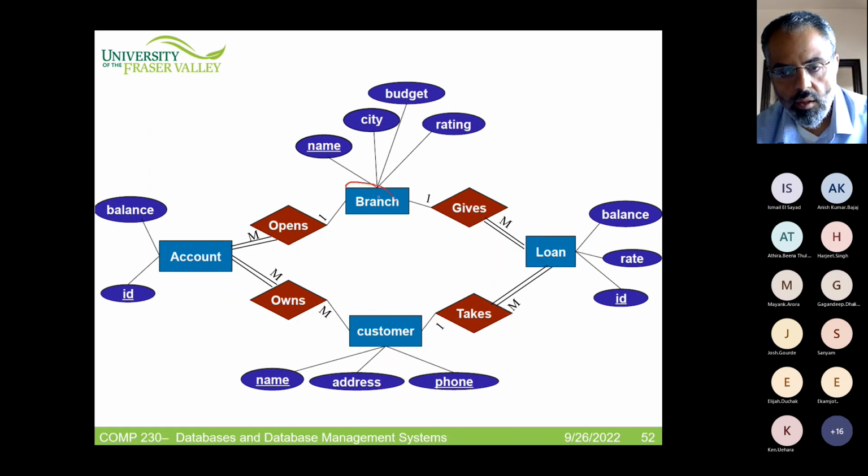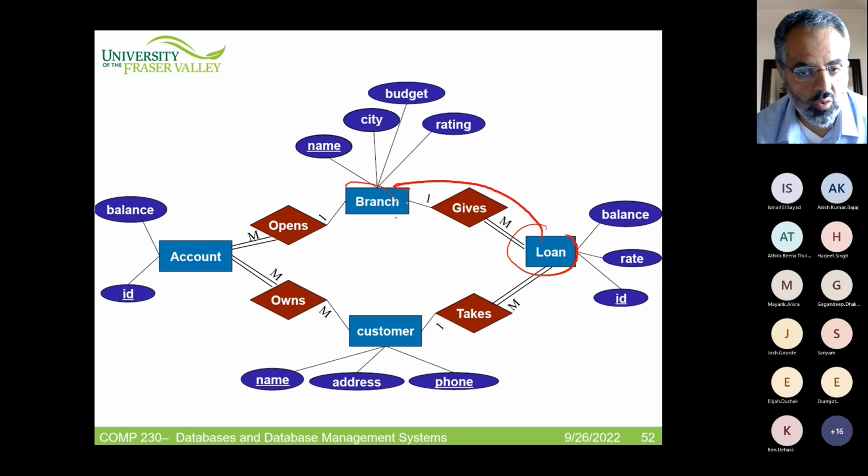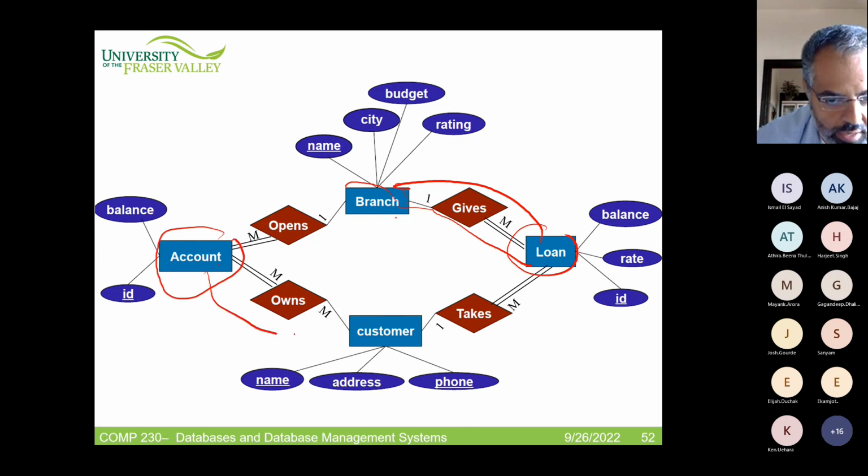The same: whenever there is a loan, there should be a branch, but maybe it is a new branch and we don't have any loans so far. When you start a branch, maybe you don't have a loan yet. It is the same for customer and account. Whenever you have an account, you should have a customer.